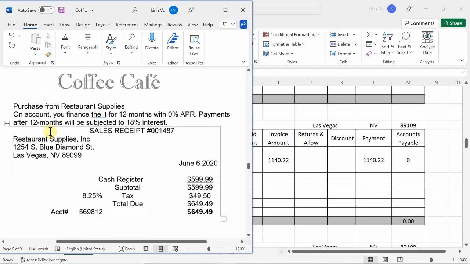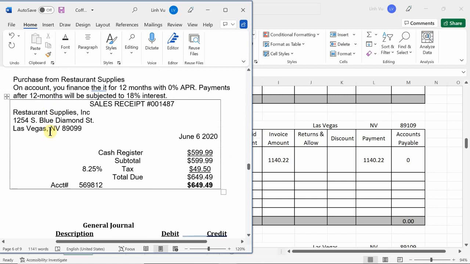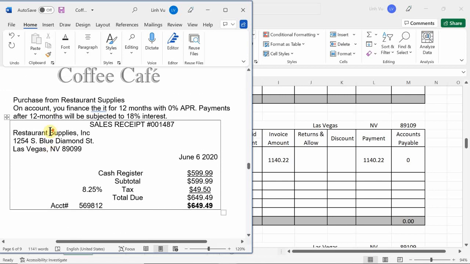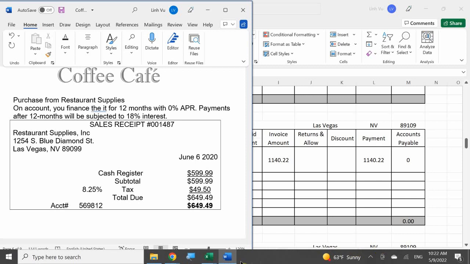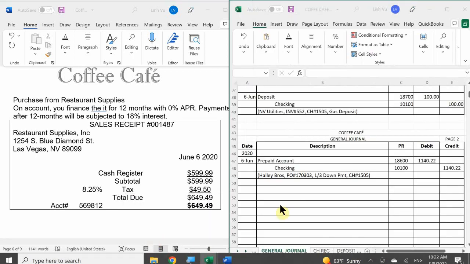So this is what we bought from restaurant supplies. We bought a cash register on an account. So what do we do with this? How are we going to record this transaction? I purchased a cash register on an account.